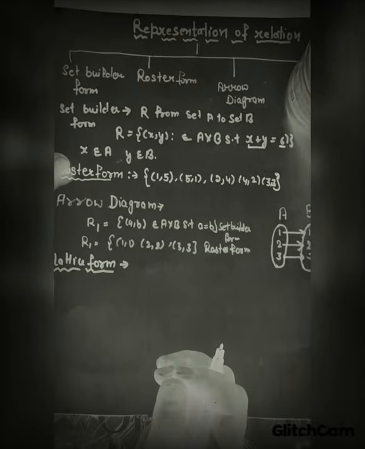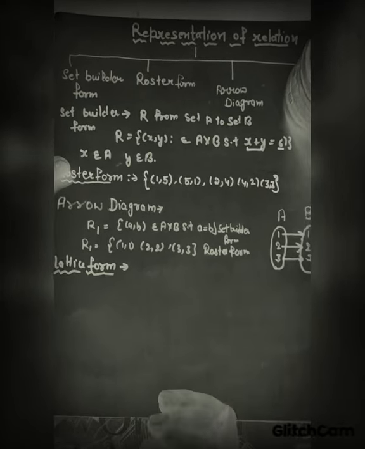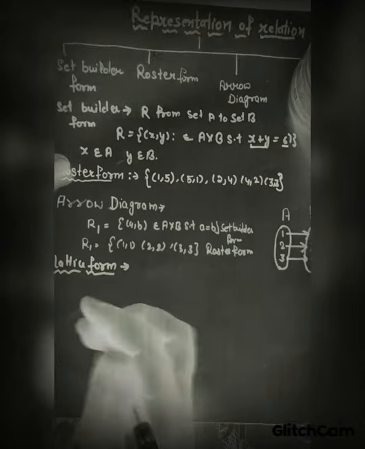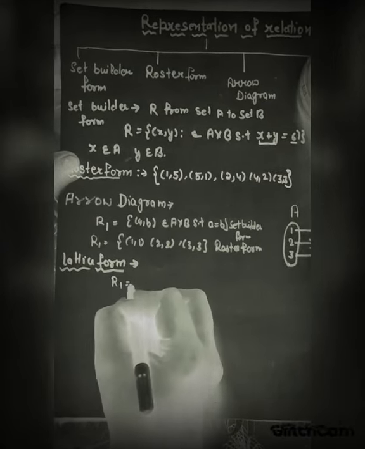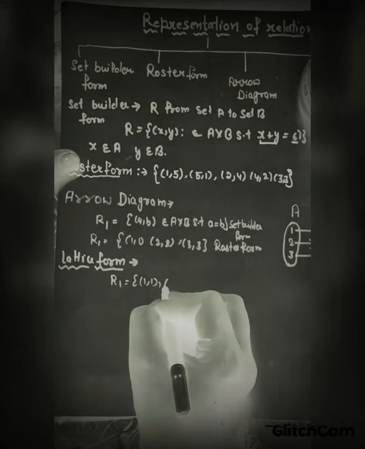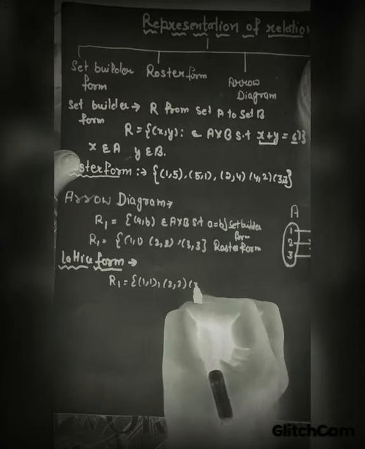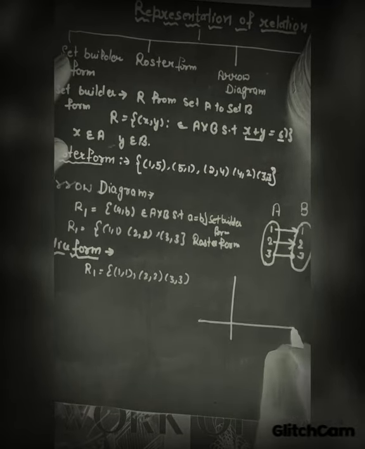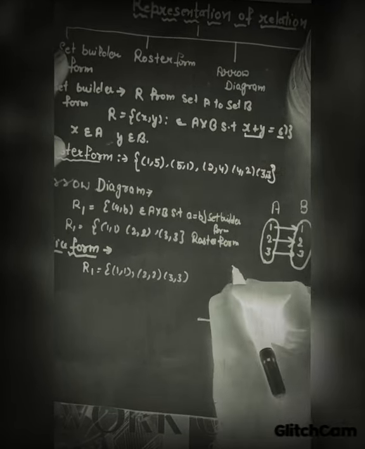When the elements of the relation are expressed as points of the Cartesian plane, the relation is expressed in lattice form. Let us take the same example of (1, 1), (2, 2) and next (3, 3). Here this is the x-axis and this is the y-axis.